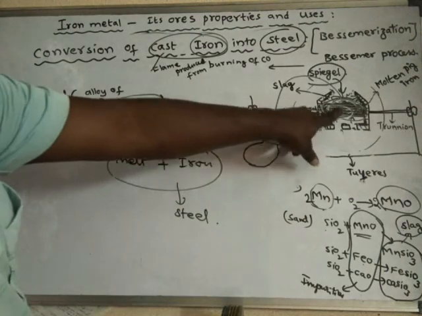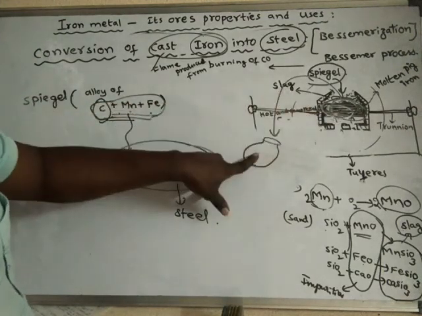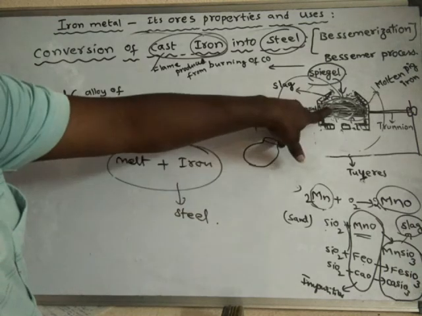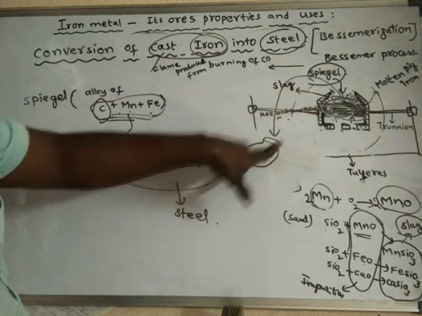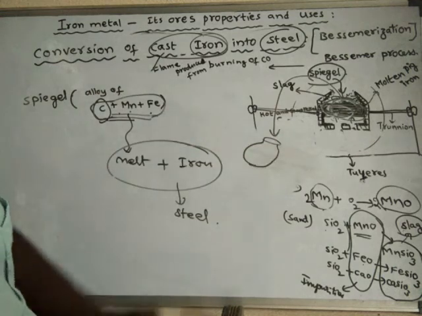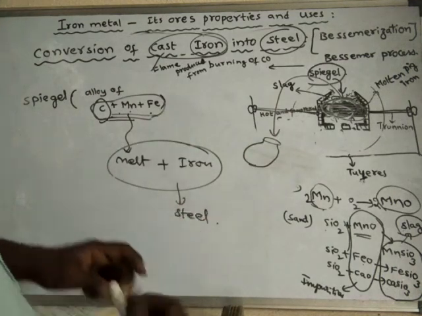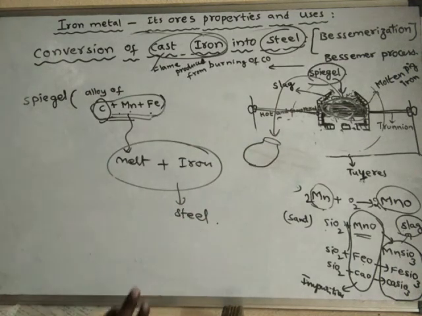When it is in the molten state only, it should be molded. The steel produced here should be taken into molds, and now we will get steel of different shapes. In this way we get steel from the cast iron. Now we will learn different varieties of steel in the next video.